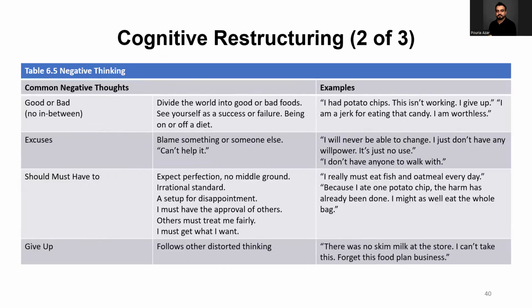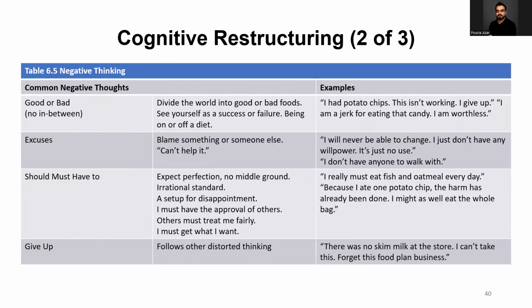Here are some negative thinking patterns: give up, excuses, should, must, have to. These are common negative thoughts. Some examples: I had potato chips. This is not working. I give up. I'm a jerk for eating that candy. I'm worthless.